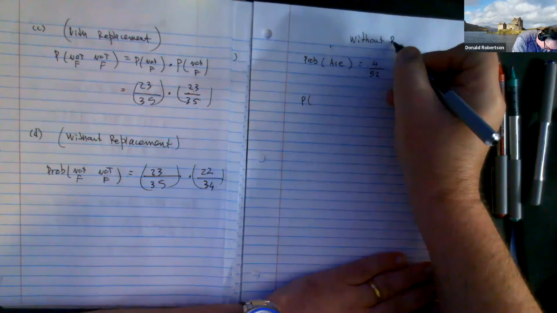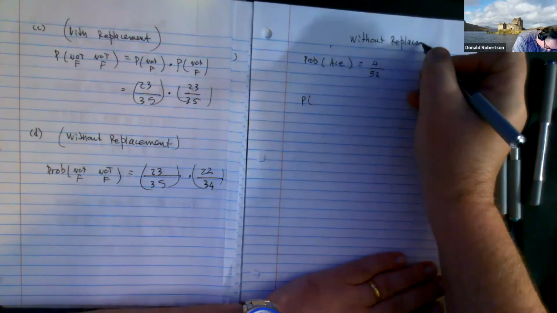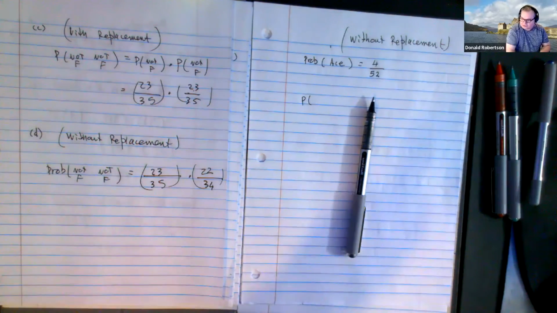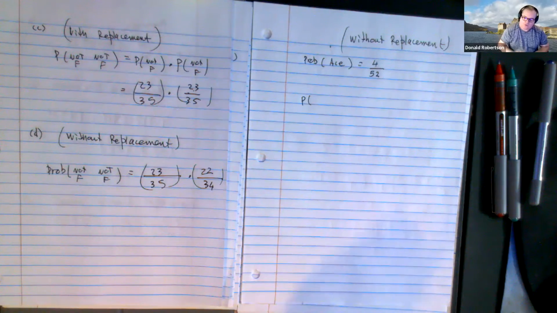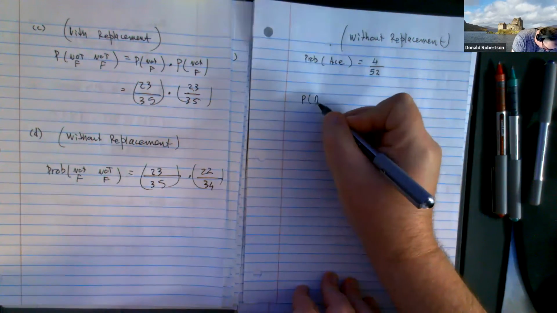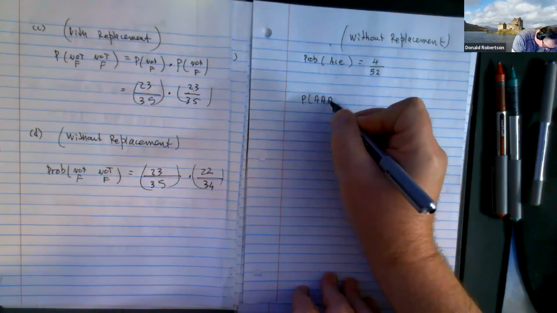Let's do without replacement. Isn't that really what happens? You shuffle a card, you turn it over, you turn it over, you turn it over. We are going to do 3 cards in a row. So you've been dealt 3 cards. And what's the probability every single one of them is an ace?